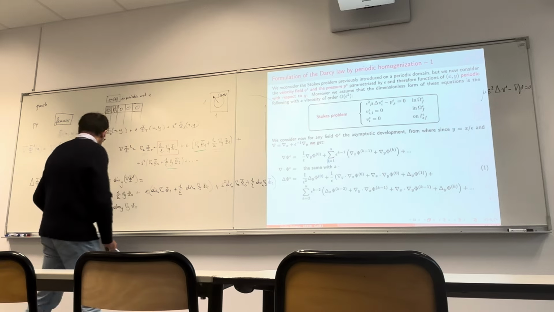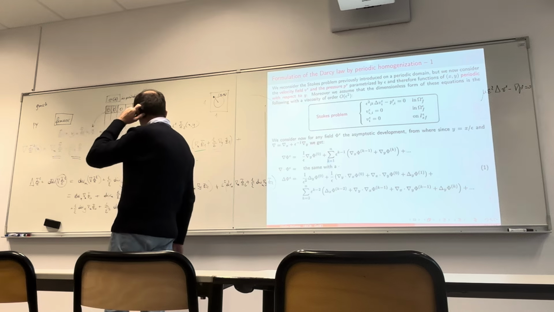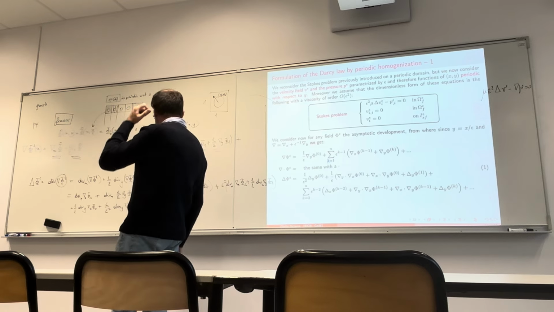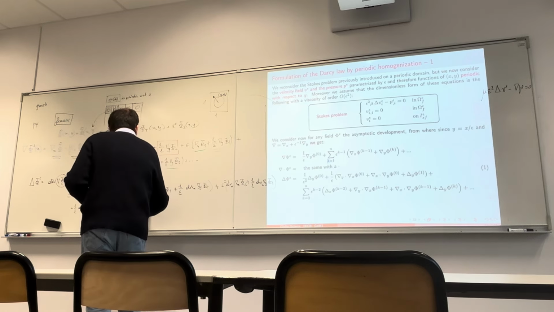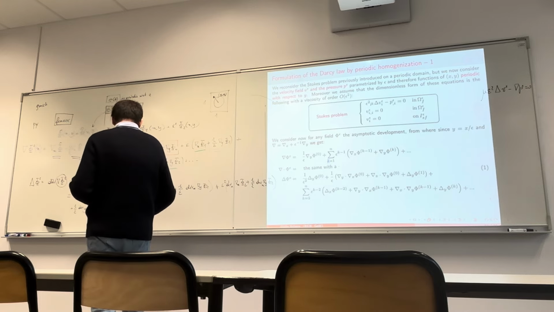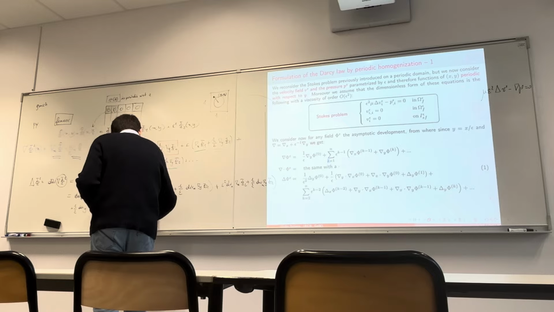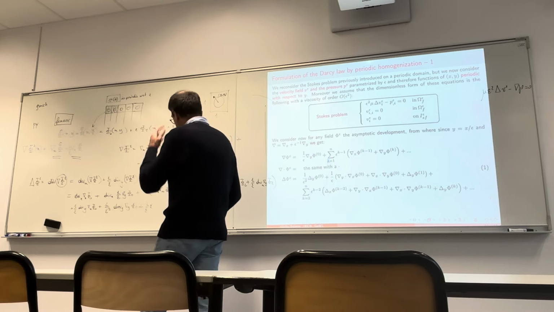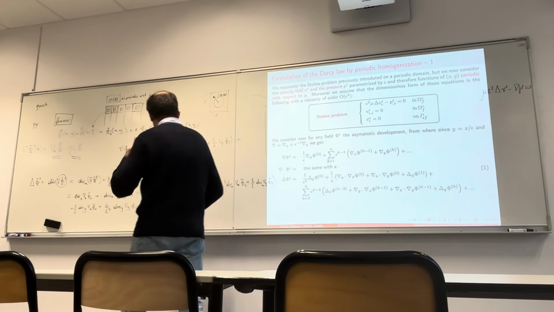So 1 by epsilon divergence y of gradient x of phi naught plus 1 by epsilon squared divergence y of gradient y of phi naught, plus 1 by epsilon times epsilon divergence y of this.